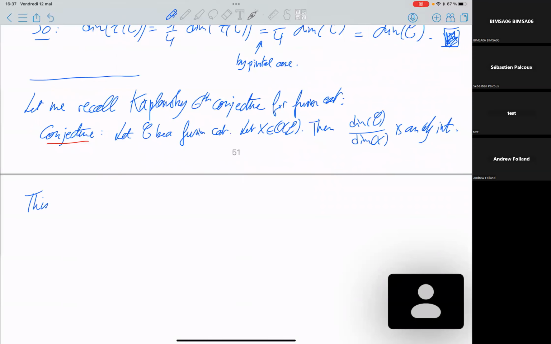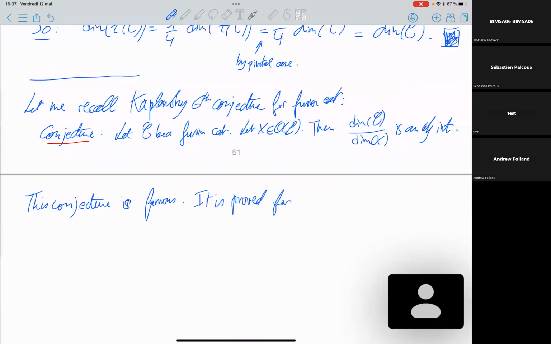This conjecture is open, it's a conjecture, but it is well known, it is famous. It is proved in the following case.